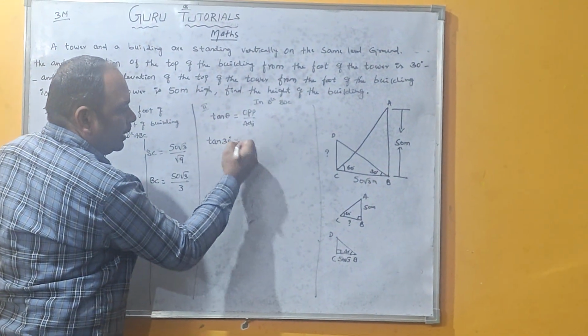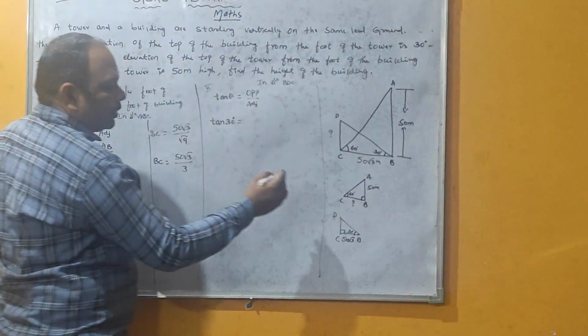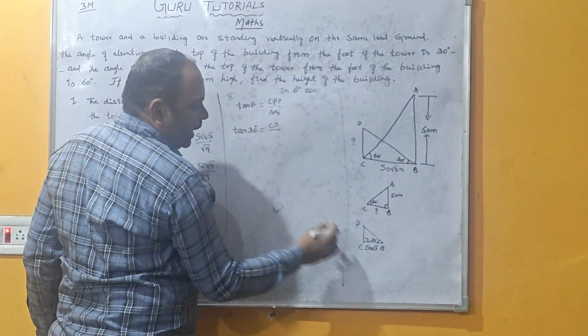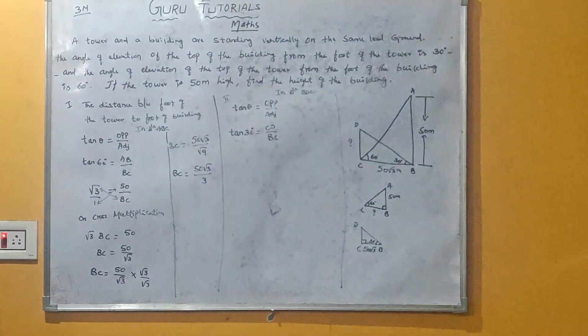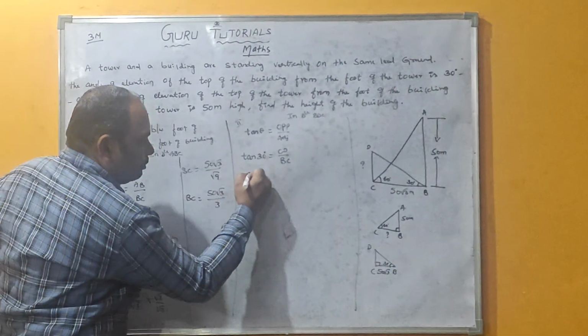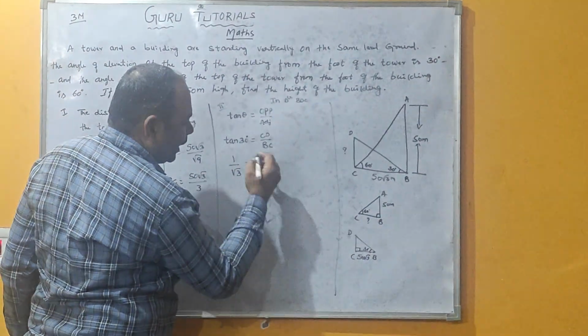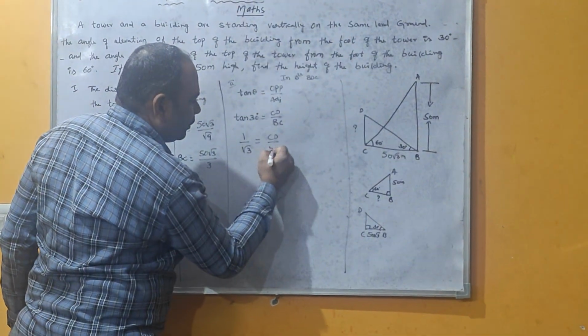Tan 30 degrees is equal to opposite, CD, divided by adjacent, BC. What is the value of tan 30? 1 by root 3 is equal to CD, which I don't know, divided by BC, which is 50 root 3.